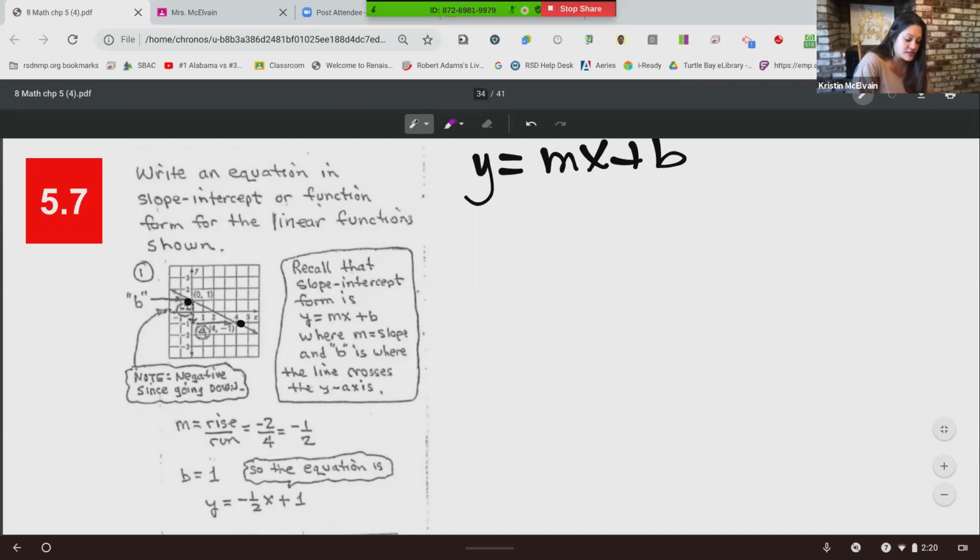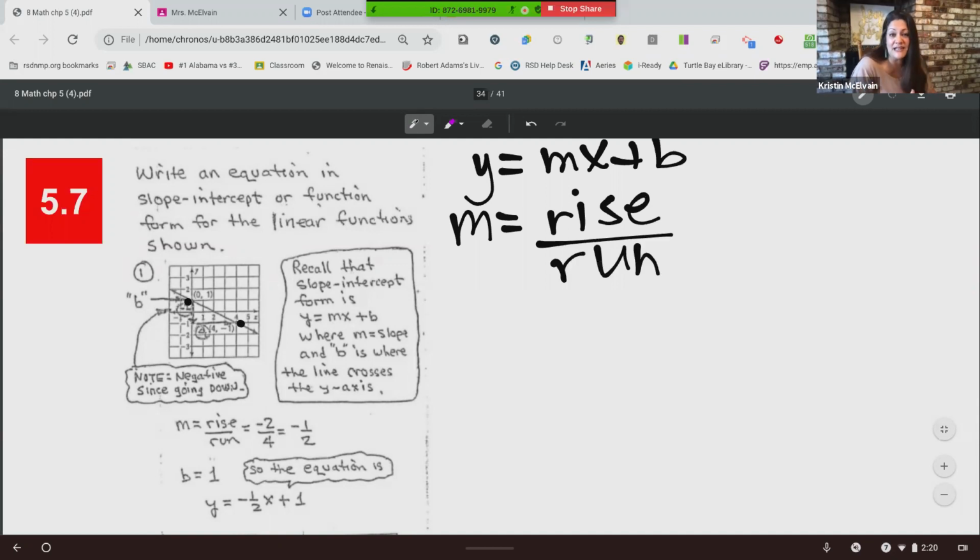Okay, so of course our slope is rise over run when we are counting it. And on this graph, you notice the rise is negative. So it is a downhill slope. And we say, oh, nice, negative. Okay, so we're going to count down 1, 2.